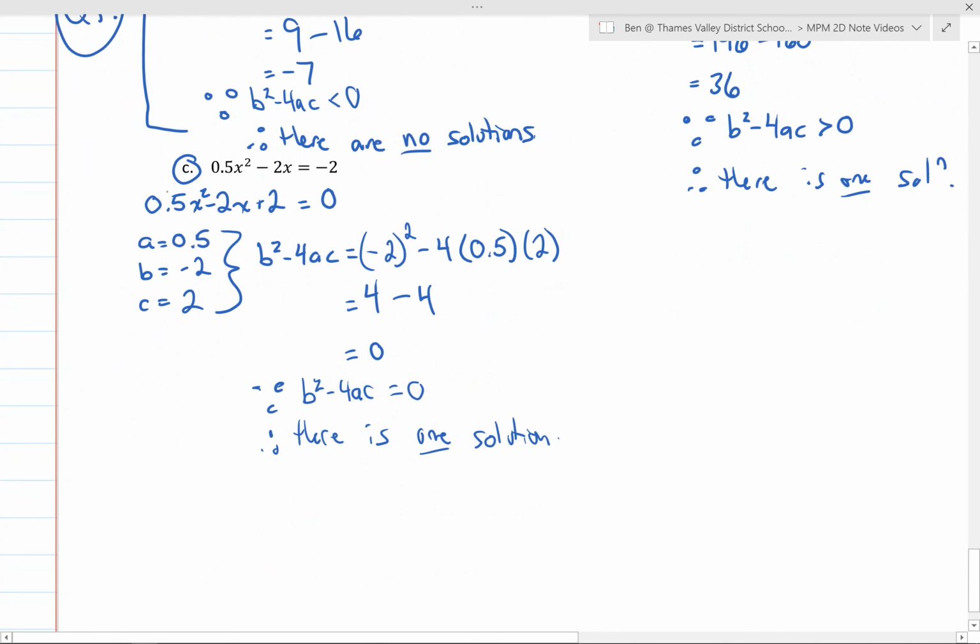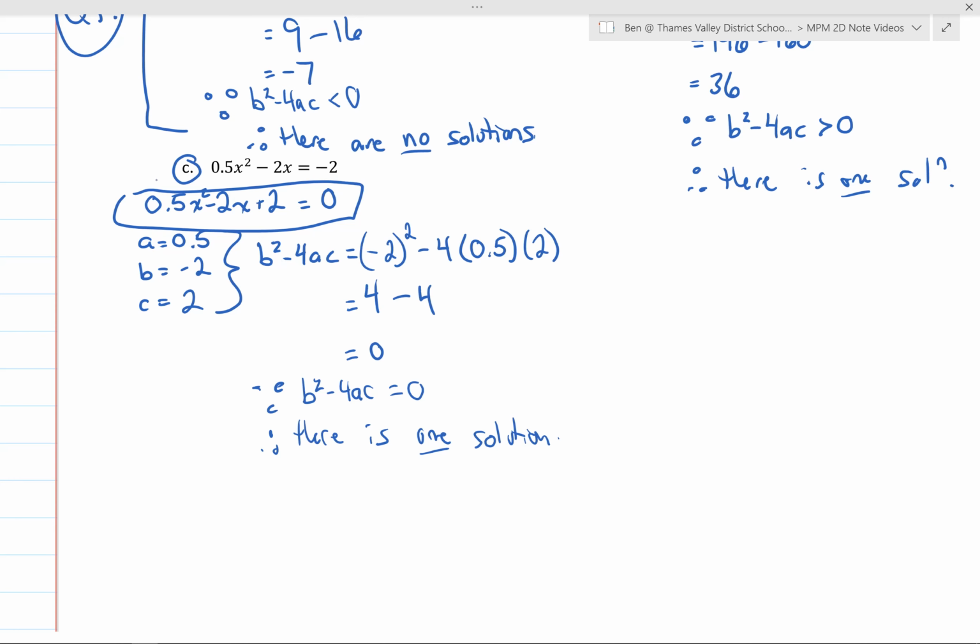And lastly, a question like this, it certainly is not obvious right at the start where we can factor this off the bat. If you're clever, you should be able to factor something like this. Absolutely, yes.